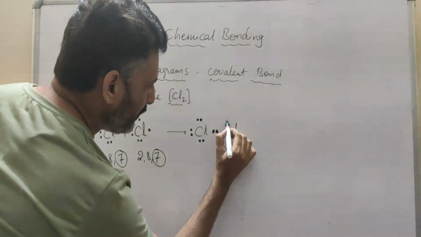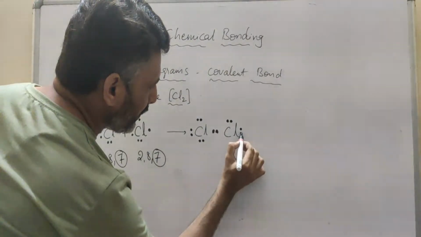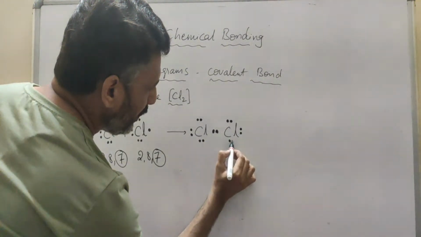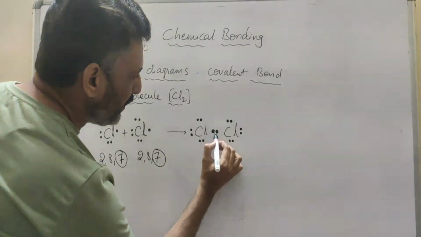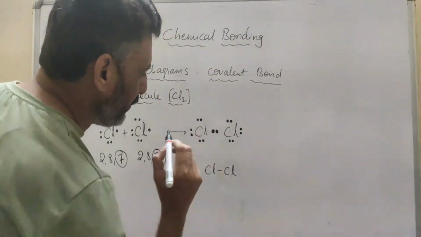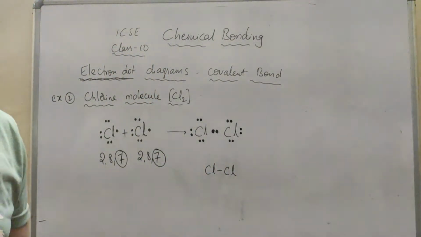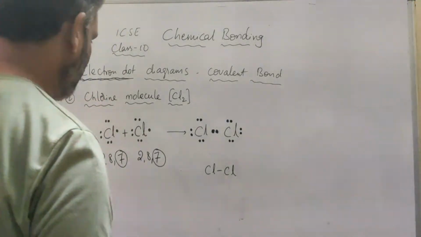Remaining 6 will be with this chlorine only. So these 6 electrons are not participating in the bonding. Now here you can see only one pair of electrons is being shared. So this will be one single covalent bond between those two chlorine atoms. So this is the formation of chlorine molecule.